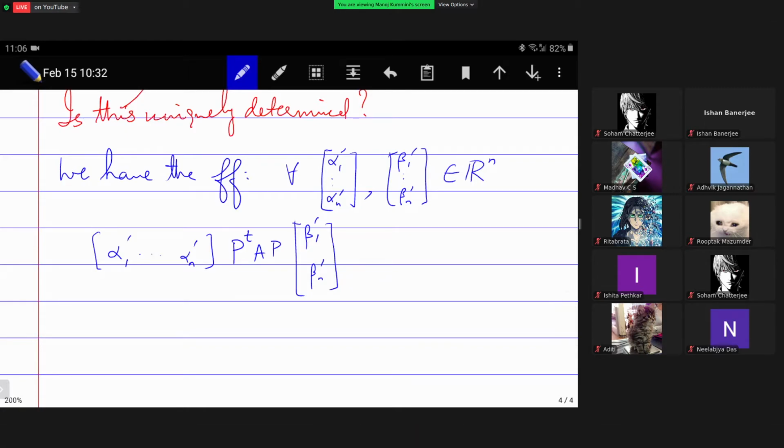And A prime also by definition represents the bilinear form.